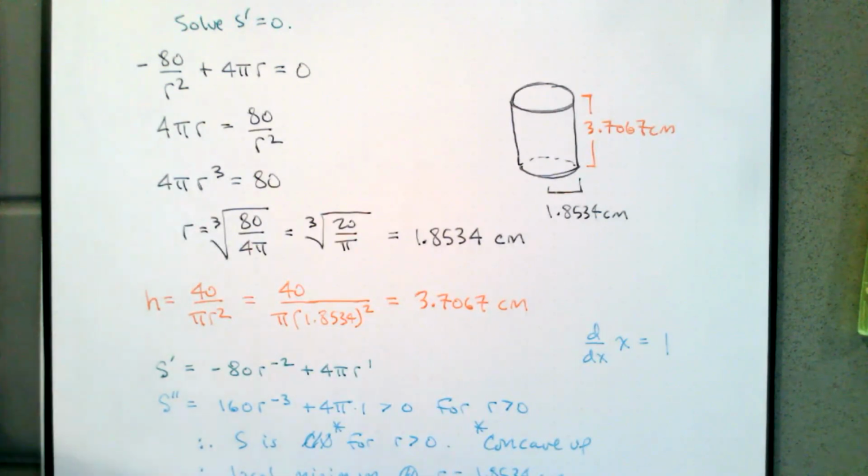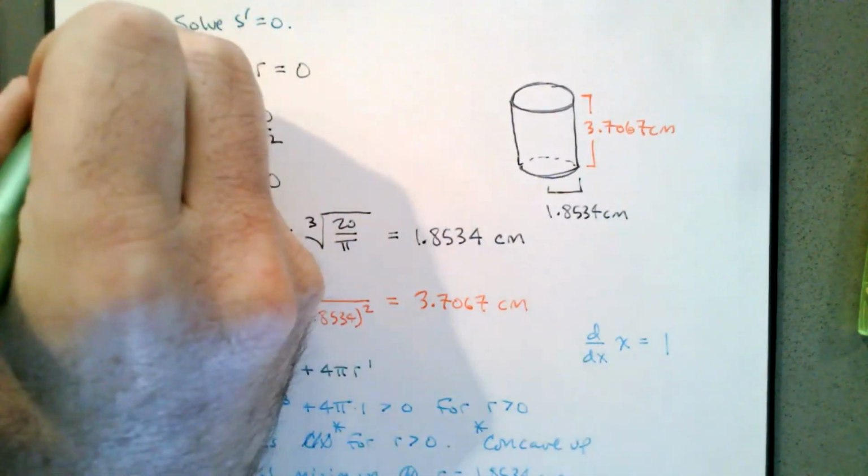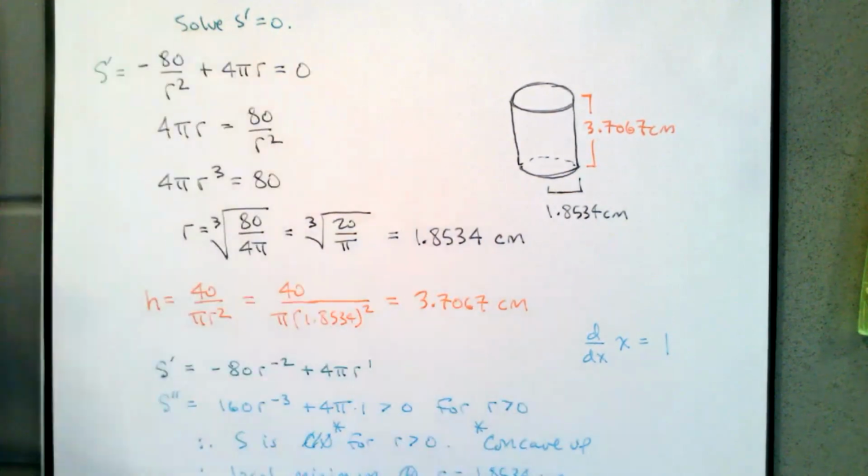So what we're doing is we're taking S prime. Oh, because you wrote S in terms of the radius. Okay. Right, and so S prime was also a function of the radius. So that's why it's the radius that comes out. That's going to be where our local minimum is. Okay, that makes sense. Thank you.